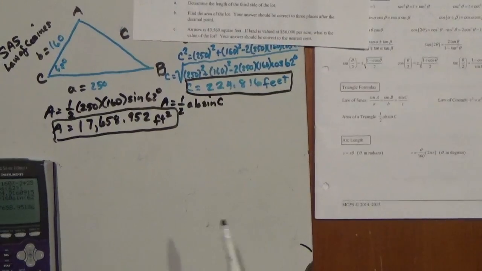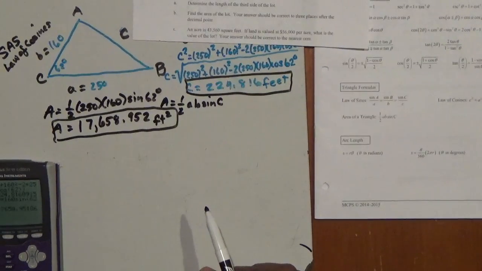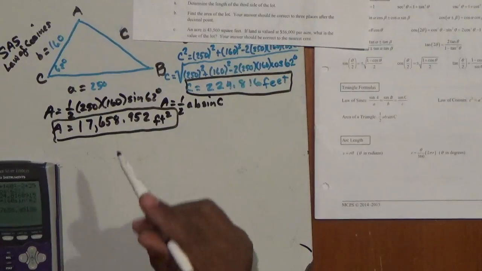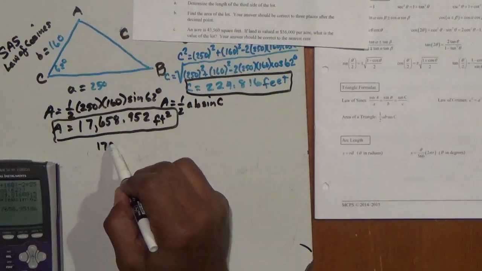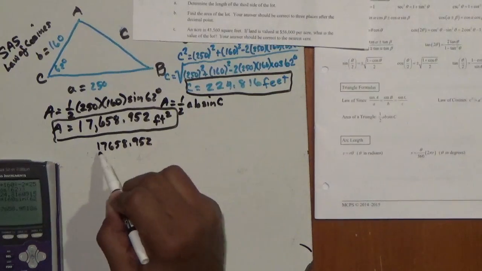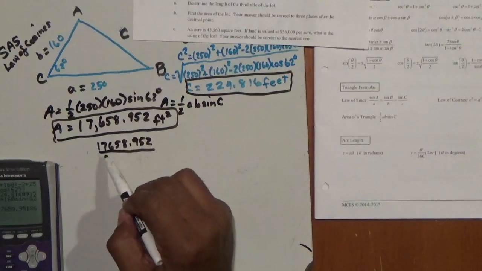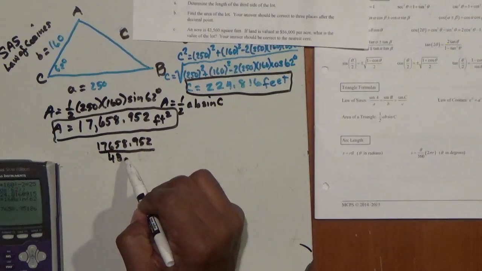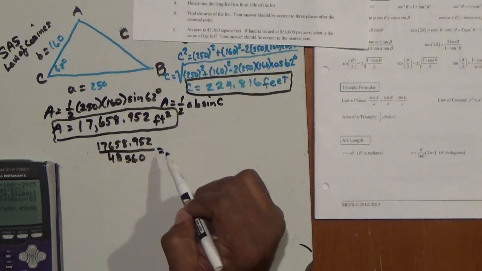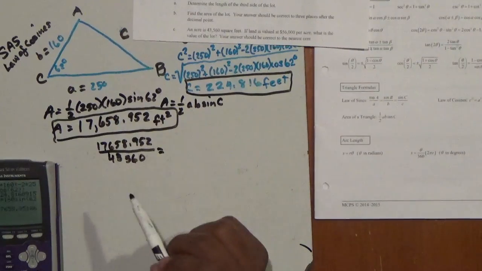The first thing we want to do is figure out how much of an acre we have here. So we can go 17,658.952 divided by the 43,560.